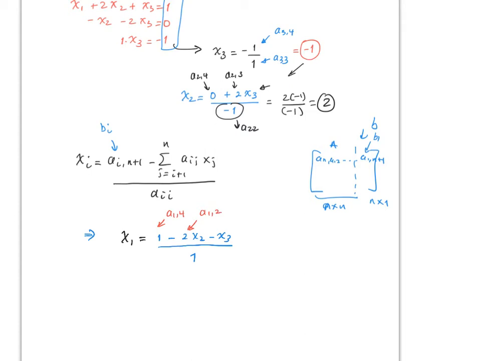And the one in front here was A13. And this one is A11. So when you plug everything in again, you can check that this is -2. The solution is x1 equals -2, x2 is 2, and x3 is -1.